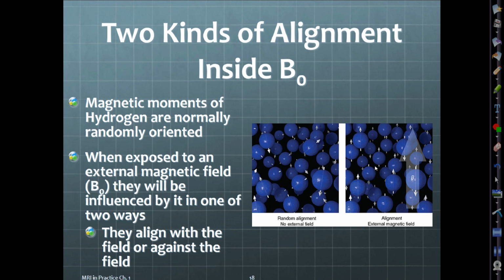These little spins are bar magnets within our body, hydrogen, and they either align with or against. There's not going to be any in between. There's nothing oblique, no smaller vectors, when we are influenced by the static magnetic field. That magnetic field takes over and aligns them either with or against.